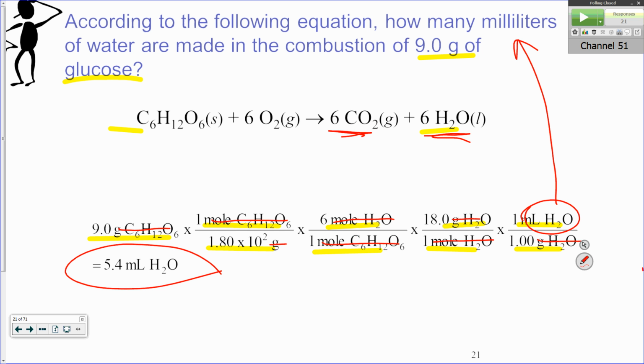So you can actually survive without water for a fair amount of time if you eat the right fuels. Some fuels that you eat more than others, like glucose in particular, are oxygen and hydrogen rich, and they produce water as a byproduct.